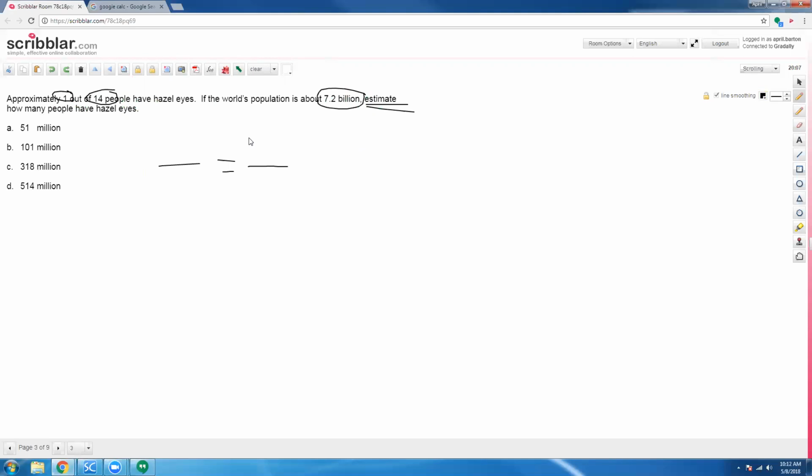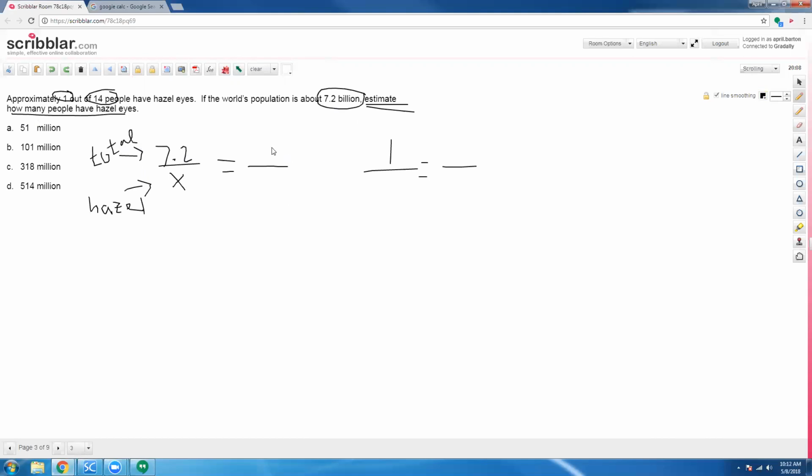You're both right. As long as once you set it up, you keep everything in the same order, both of these versions are correct. You could start with 7.2, you could start with 1, then we have to keep the matching information. So if we start with the 7.2, the question was how many people have hazel eyes? That's our variable. So this was hazel eyes, and this is the total population.